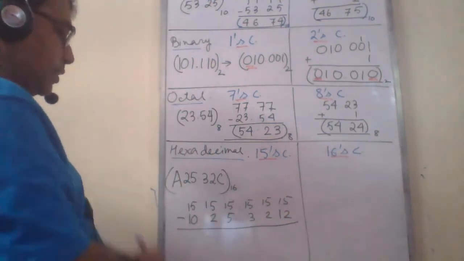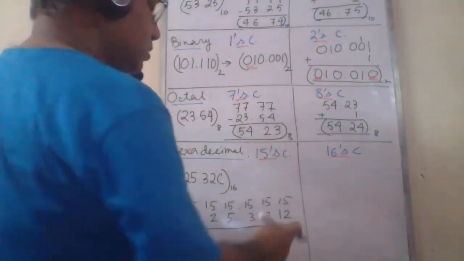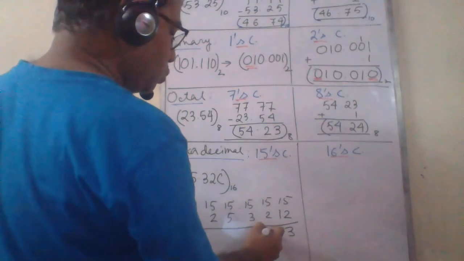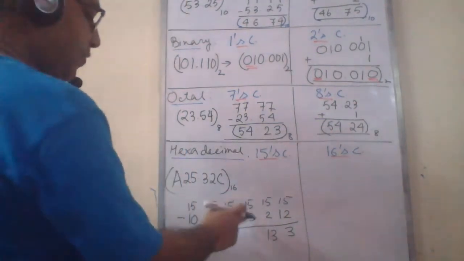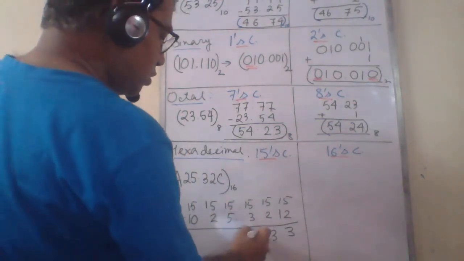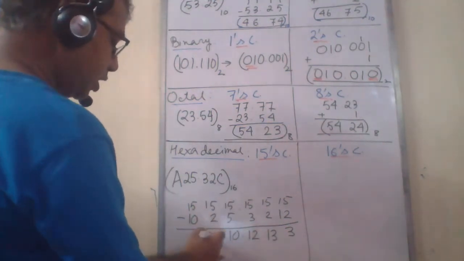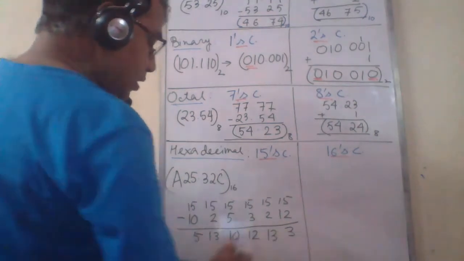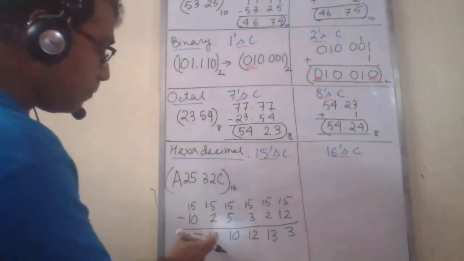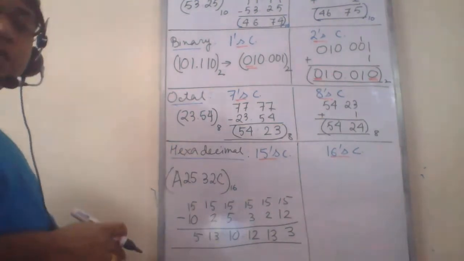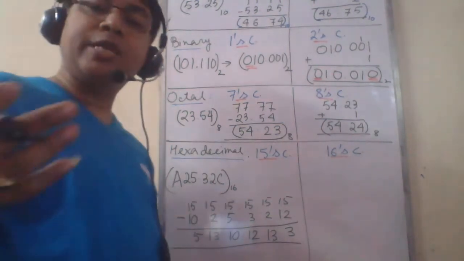So 15 minus 12 is 3, 15 minus 2 is 13, 15 minus 3 is 12, then 10, 13, 5. Now what we'll do, we'll replace these numbers above 9 with the letters A to F.